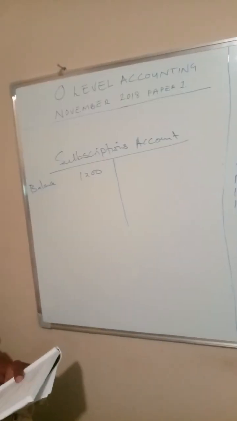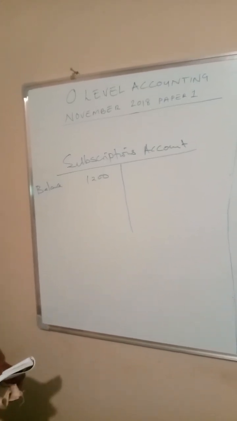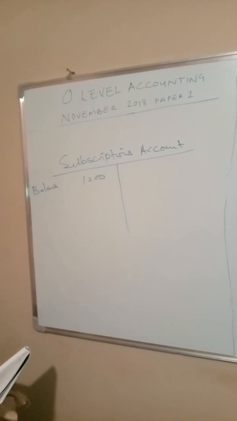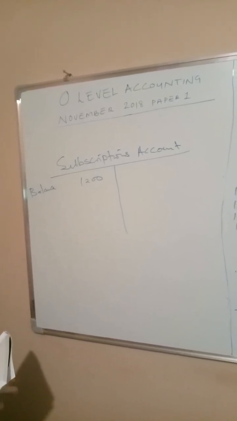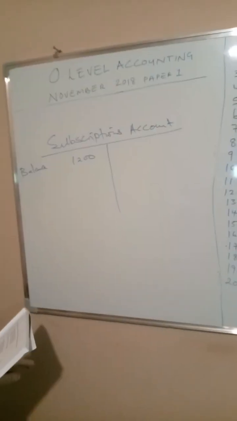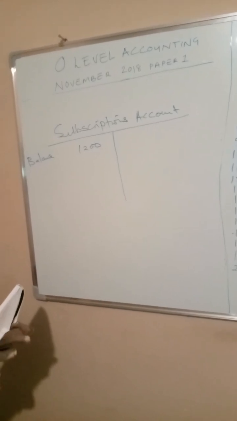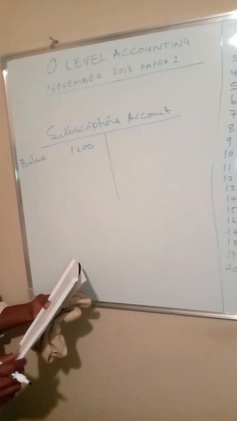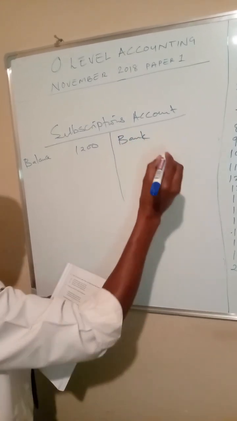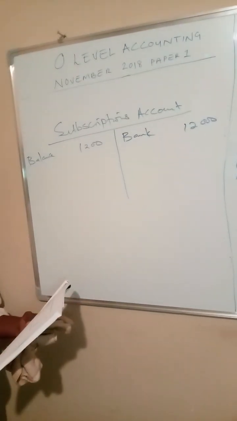We are told there were subscriptions that were received during the year. Take note of our double entry system, which says you debit the receiver and you credit the giver. The receiver is the bank account, so it's the one that is being debited, but we are not talking about the bank here, we are on the other end. So we are talking about crediting the subscriptions account by bank. That's 12,000.